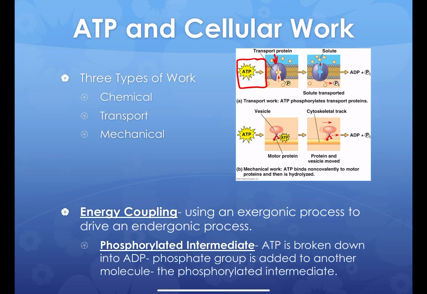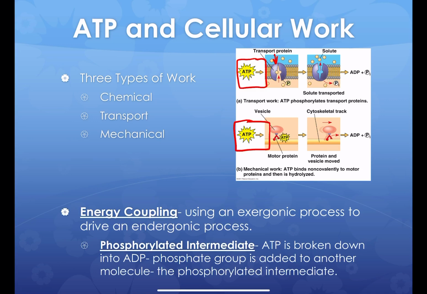And then mechanical transport is actually like physical movement. And we saw that with the motor proteins moving down the cytoskeleton or the microtubules to be able to pull chromosomes apart, to be able to move transport vesicles that contain proteins as they're being built in the cell. So hopefully you're kind of starting to put some of these ideas together in biology.